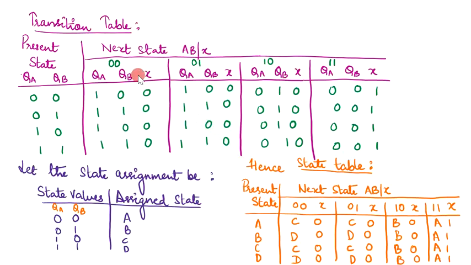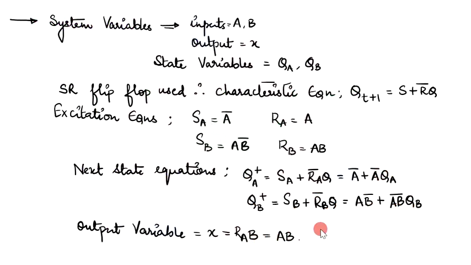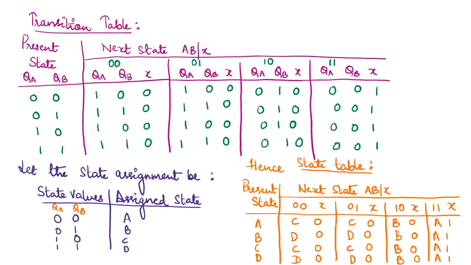So this is how you fill in the contents, and you have to be very careful while filling all the contents, because these contents will be filled based upon the next state equations that have been specified here. So I'm not going to explain each of them in detail, but try to relate individually.